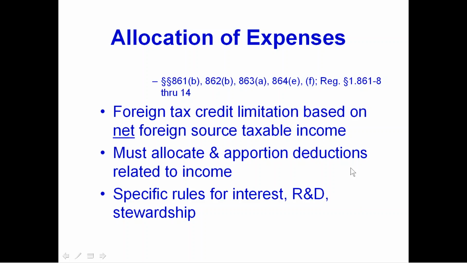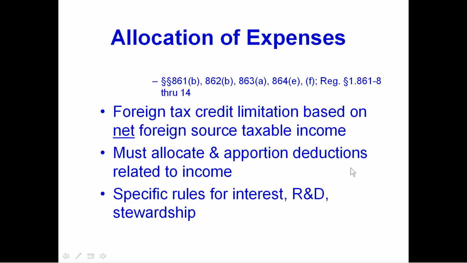So we're going to cover just the allocation and apportionment of deductions. Now, if we were in a live class, I'd ask people to raise their hands and say, have you ever prepared a multi-state income tax return? And usually everybody raises their hands. When you think allocation and apportionment, before you got to this course, you thought 3-factor apportionment.